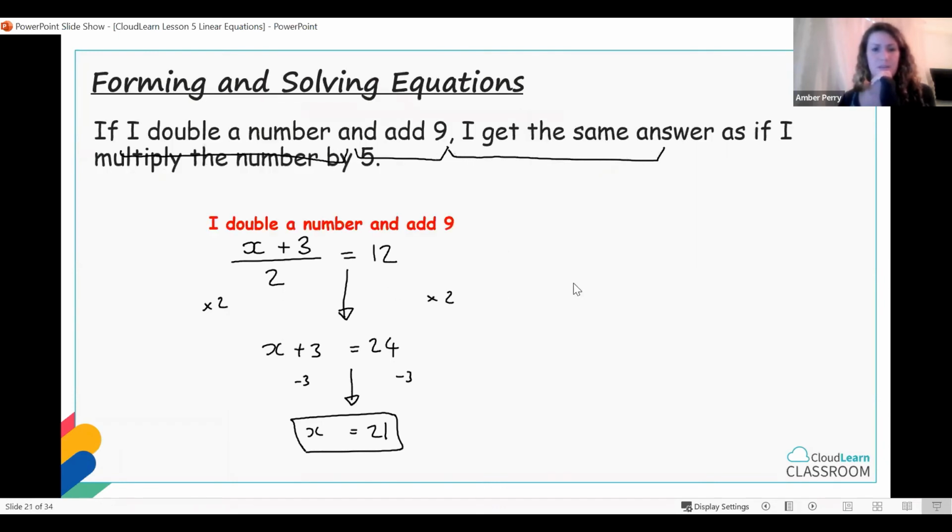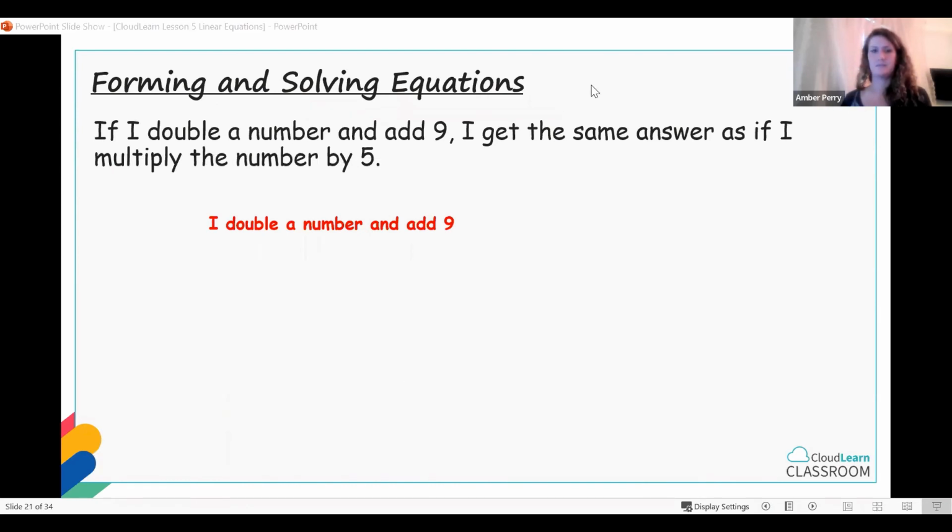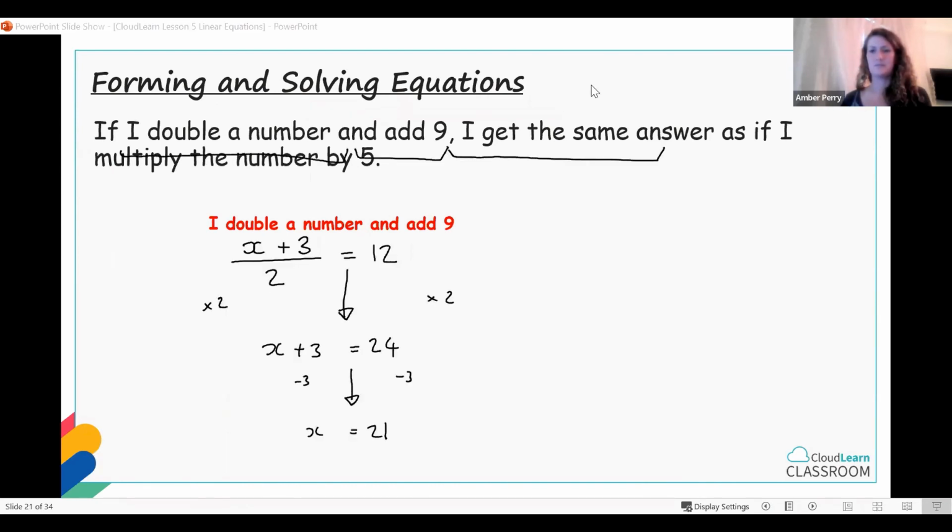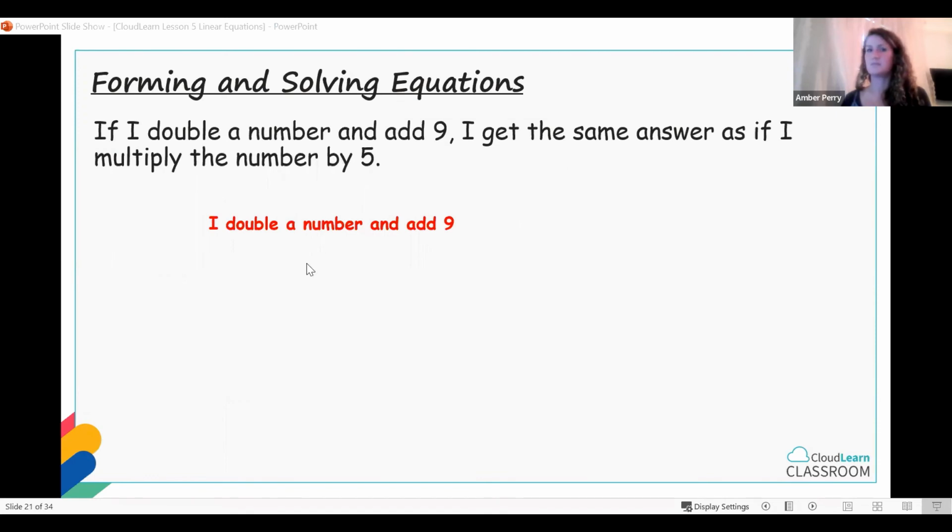I've got a question. Yes. With solving equations with fractions, you said that we should multiply both sides by whatever number we have in the denominator. But if we're saying 2 times 2, that is 4, isn't it?